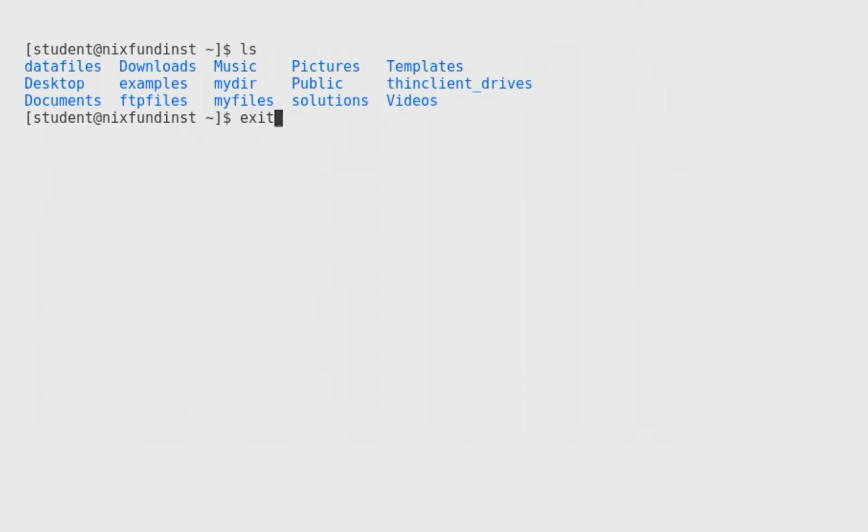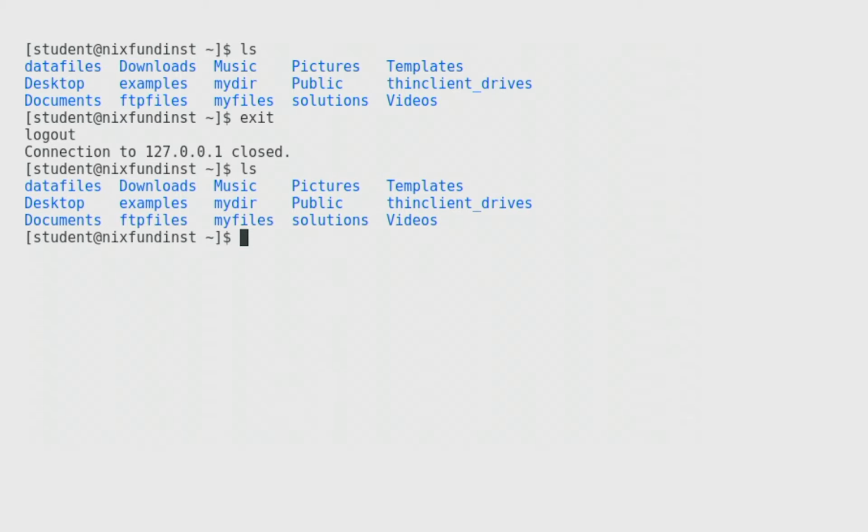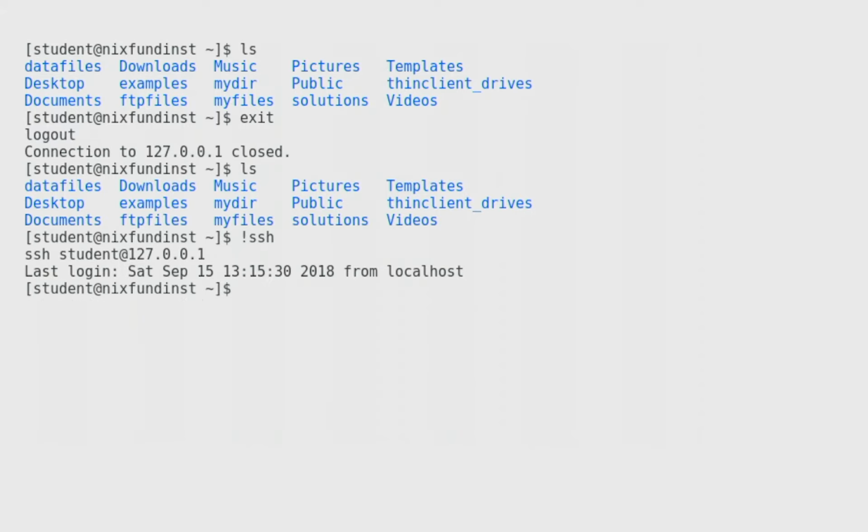So say we were doing some work on this system, and then we exited from our SSH session, and then we were resuming some work on our local machine, and then later we wanted to SSH back into that system. Well, we can just say bang SSH. And what it does is bang, and then any amount of letters after it will automatically execute the last command that started with those letters.